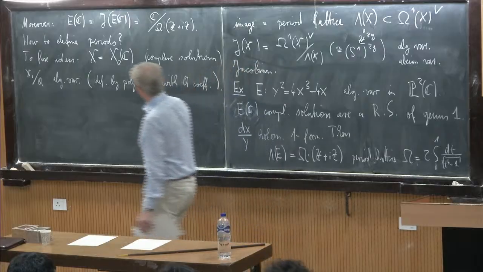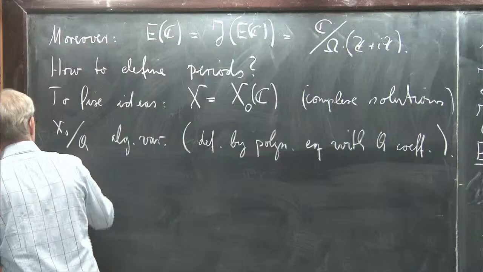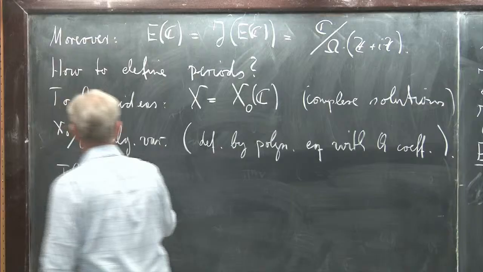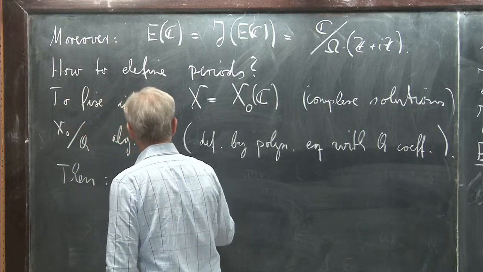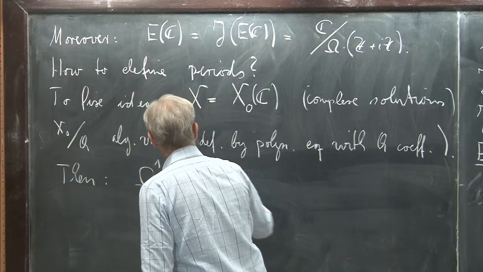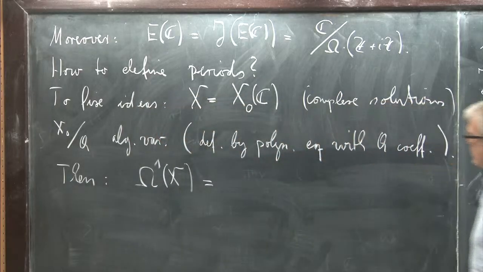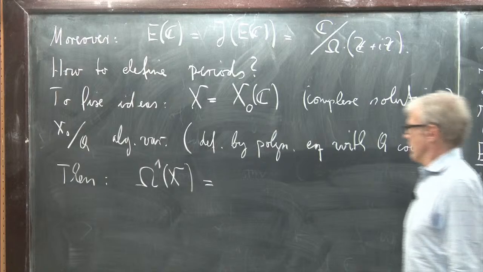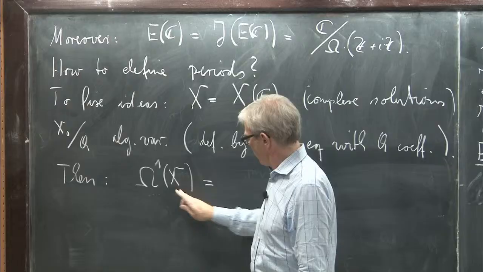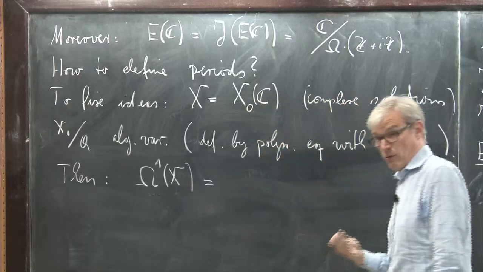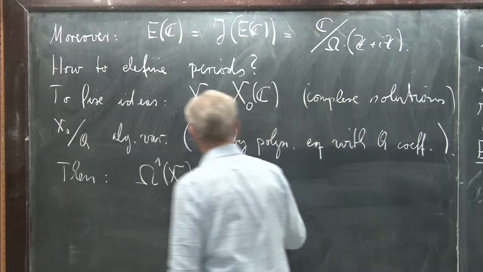And then it turns out that there is more structure here. So if we look at the differential forms on X, this vector space, the g-dimensional vector space of the holomorphic differential one forms, can in fact be generated by algebraic one forms. That's not trivial.